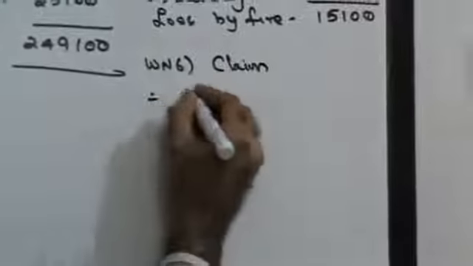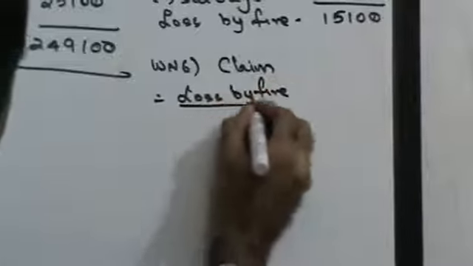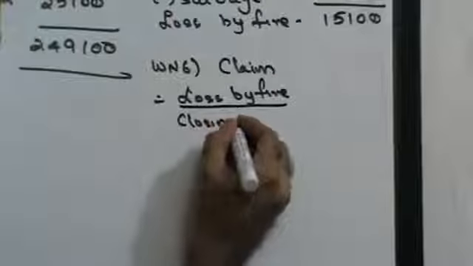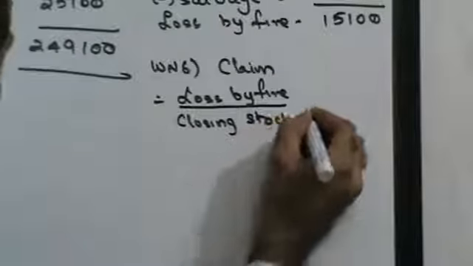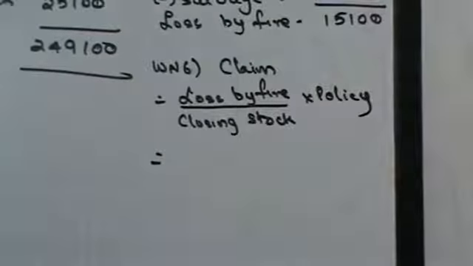Claim is given by the formula loss by fire upon closing stock into policy amount. Now how much is the policy amount? Policy amount is 50,000. My closing stock is only 25,100.